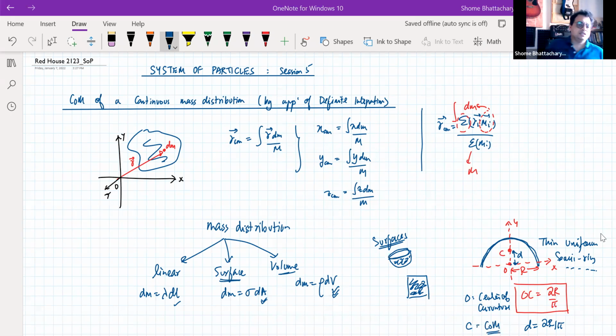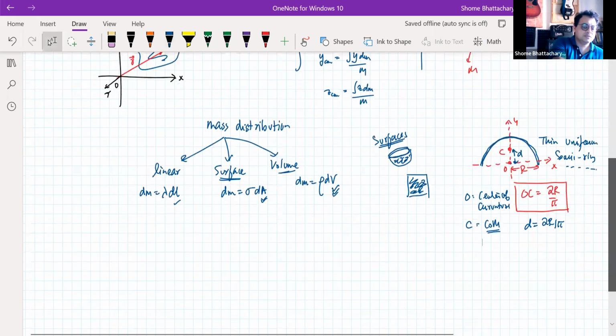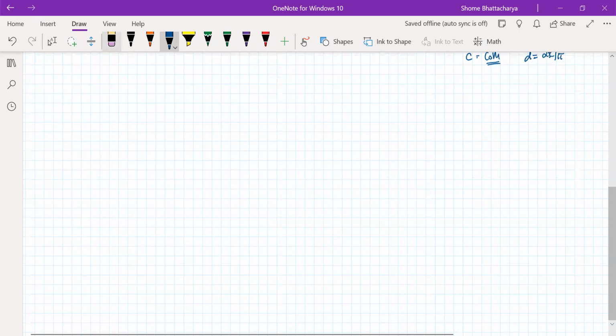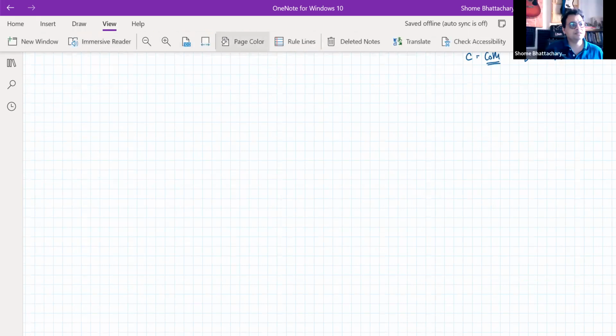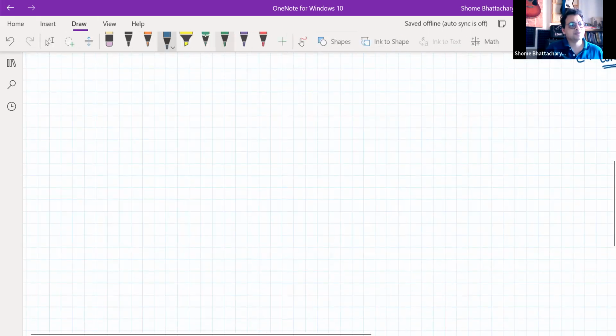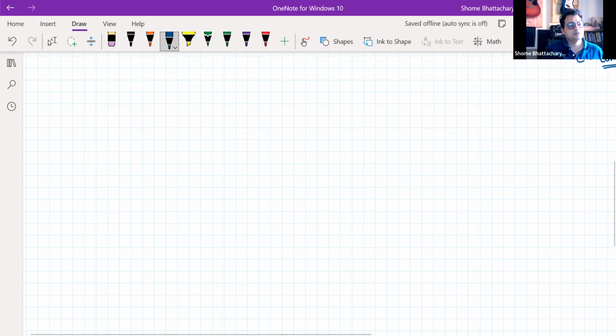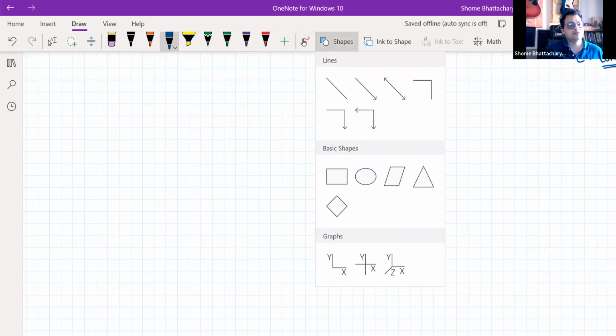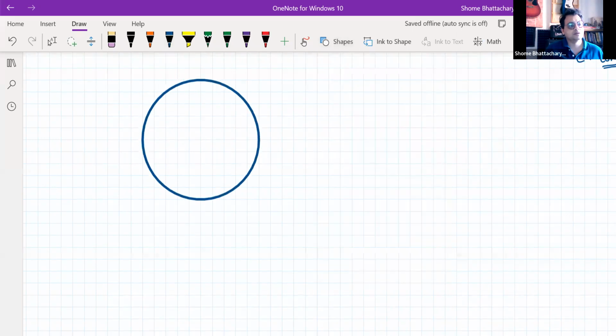Since we are on this subject, let's begin with a variation problem of this same example. Now, instead of a semi-ring, let us assume that we have bent that thin wire into a circular arc of some other angle.